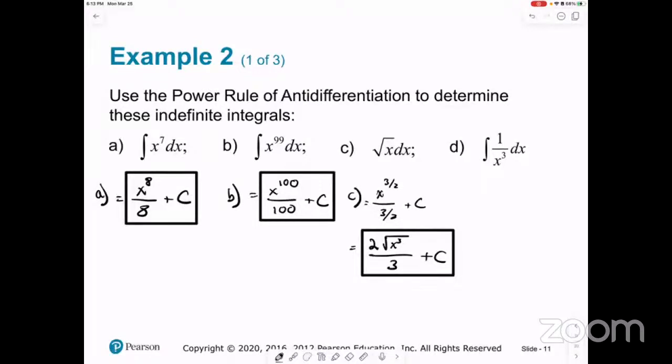And then for D, this one is the same as x to the power of a negative third. So then if we just add 1, we're going to get x to the power of -2 over -2 plus a constant. So then, we can write it as -2 over x squared plus some constant.